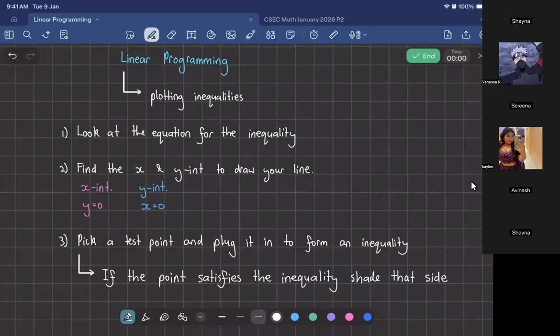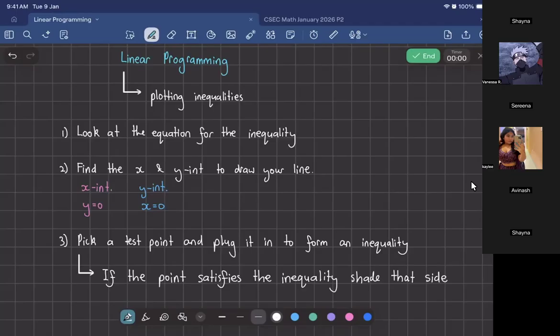Avinash, I'd like you to take a read of this. From number one, give the whole thing a read. Linear programming, plotting inequalities. Look at the equation for the inequality to find x and y intercept to draw your line.